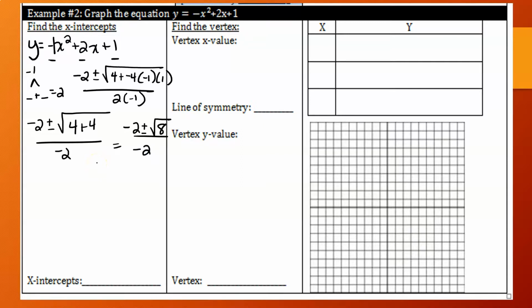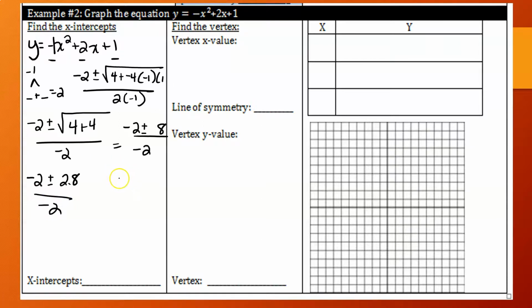I'm going to find the square root of 8 on my calculator. The square root of 8, rounded to the nearest tenth, is 2.8. So that's -2 plus or minus 2.8, divided by -2.